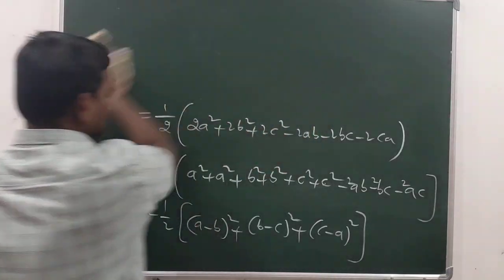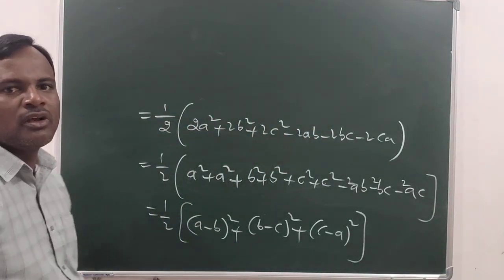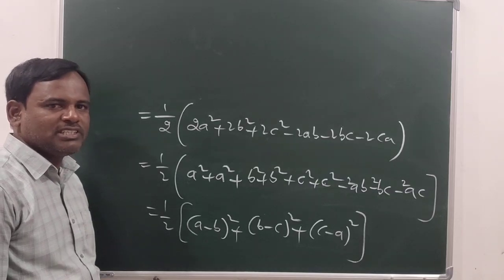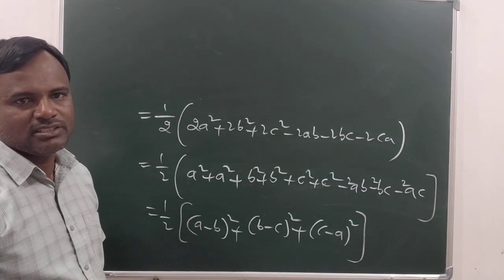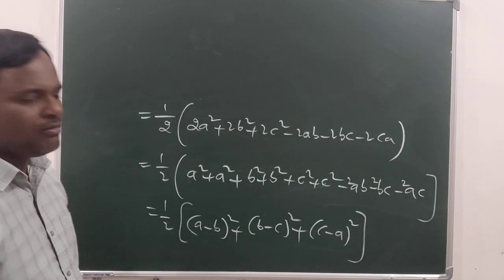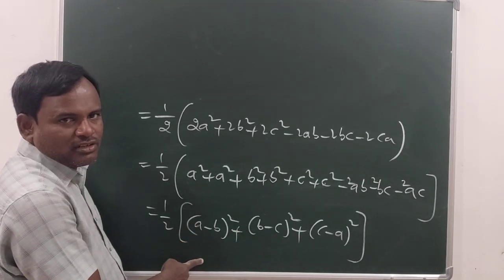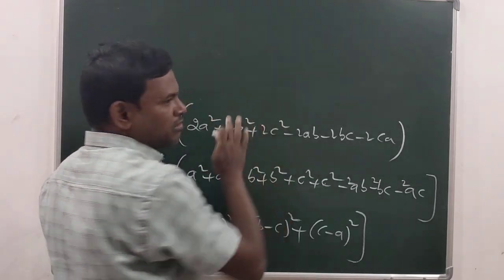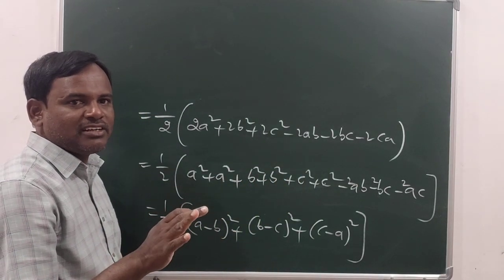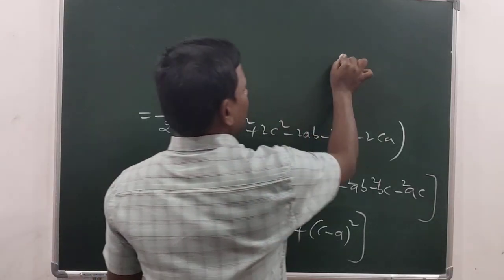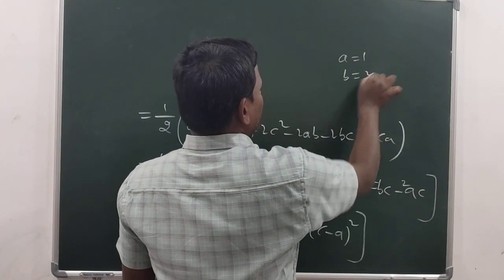See students, after this step, in the problem itself they mentioned a, b, c are non-zero integers. To get the minimum value of this expression, you have to take a, b, c as 3 distinct consecutive integers, a is 1, b is 2, c is 3.